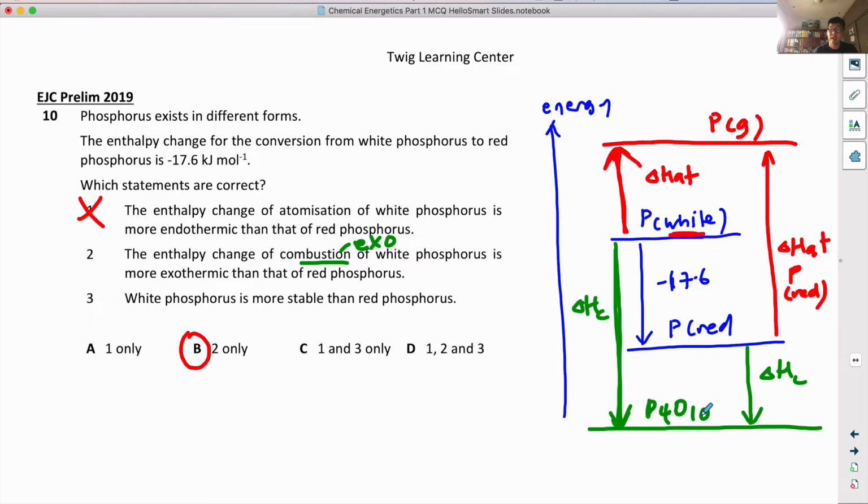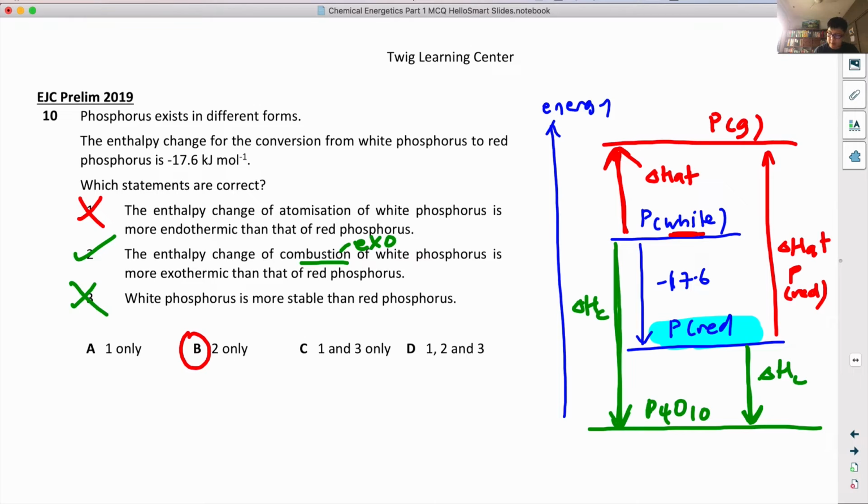This is the compound for phosphorus. So you can see it's more exothermic compared to combustion of red phosphorus. Can you see that? So 2 is definitely correct. White phosphorus is more stable, definitely not. Red phosphorus is of a lower energy. So because it's of a lower energy than white phosphorus, in fact red phosphorus is more stable. So C is also wrong. So that's why the answer is B.